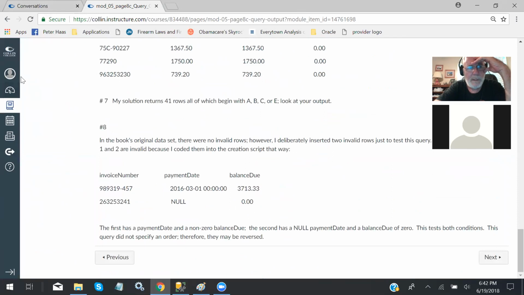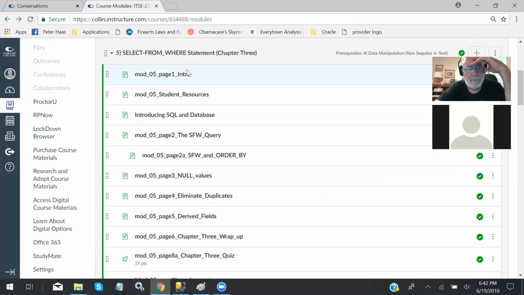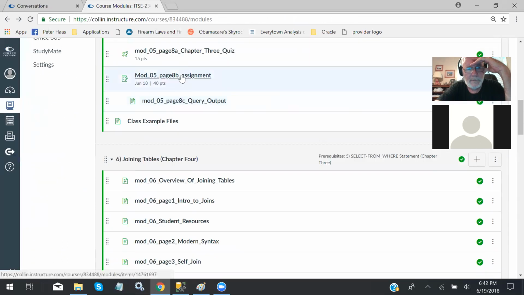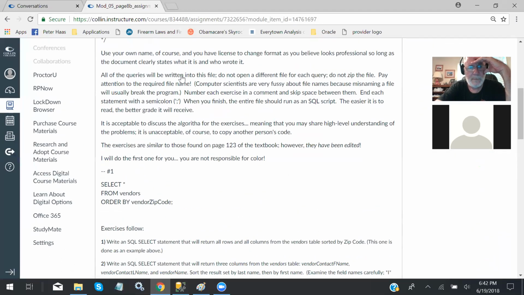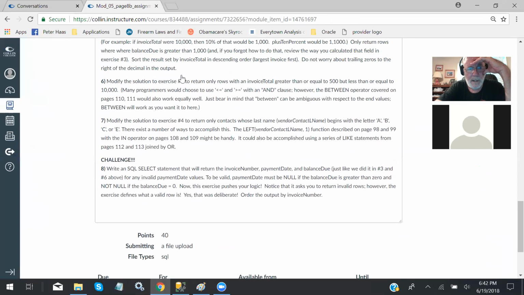All right, let's go take a look at that. It selects the invoice number, payment due, just like above. To be valid, a payment date. Okay, yes, this one does have it.